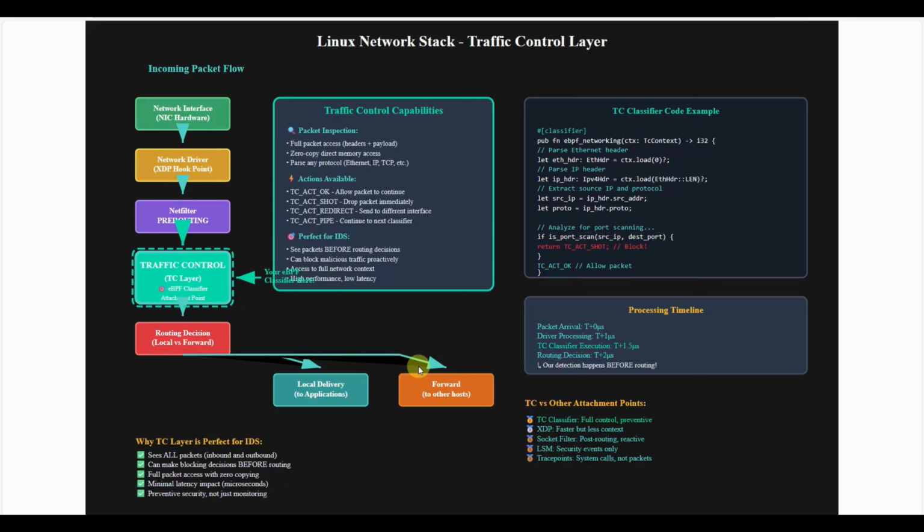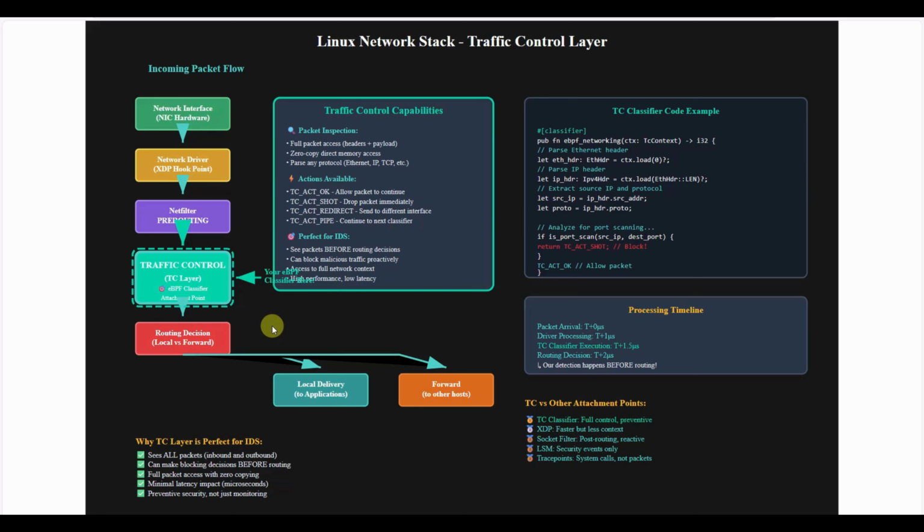The reason for this is that in the Linux networking stack, traffic control, that is the TC, is the kernel subsystem that manages the network traffic flow. It sits right below the network filtering mechanism where the packets are passed, but before the routing decision, before the layer that does the routing decision. So this makes it perfect for security applications.